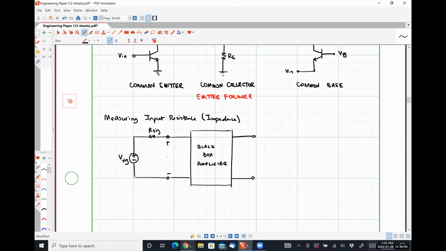We have an active or live network. We measure the quantity Vx, we measure the quantity Ix, and the input resistance Rin is simply the ratio of Vx over Ix.